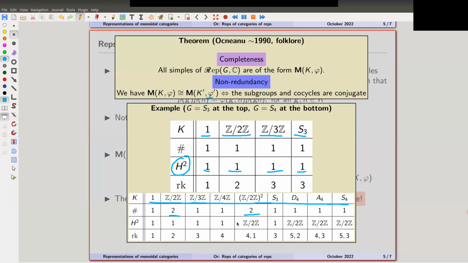And here you have non-trivial cocycles, so this one will spit out 4 simple representations, 1 for each conjugacy class and 1 for each cocycle. So you just list everything. It's a very, very nice statement. So for Rep G, everything is known in that sense. This classifies functors from Rep G, and it's a really nice, very simple classification in terms of subgroups and some algebraic data given by a twist, by a scalar, essentially.